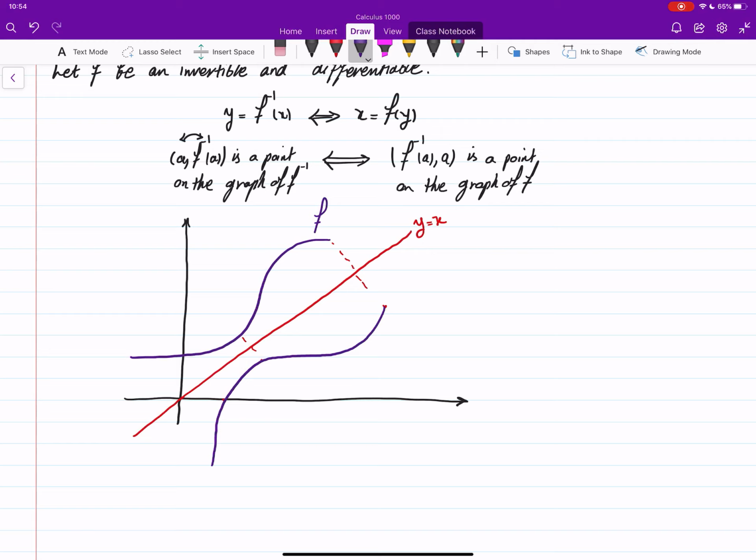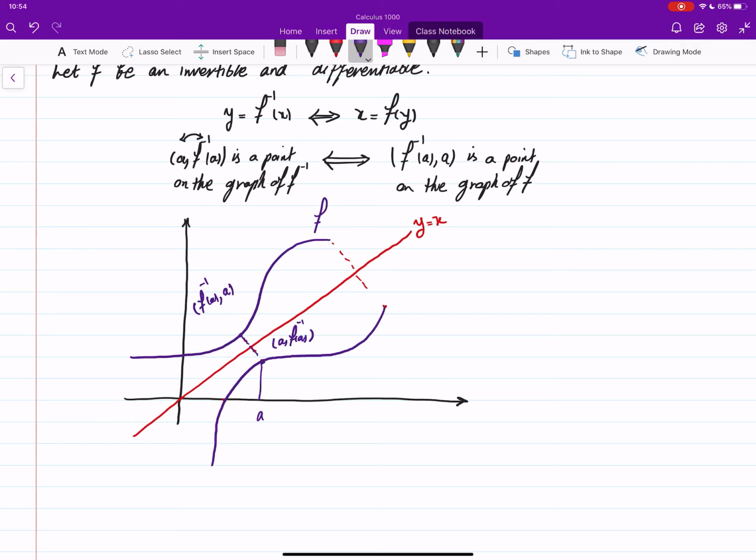And every point, let's say at point a, the point on the graph of f inverse is (a, f inverse of a), and that is the reflection of exactly one point on the other side, which will be (f inverse of a, a).